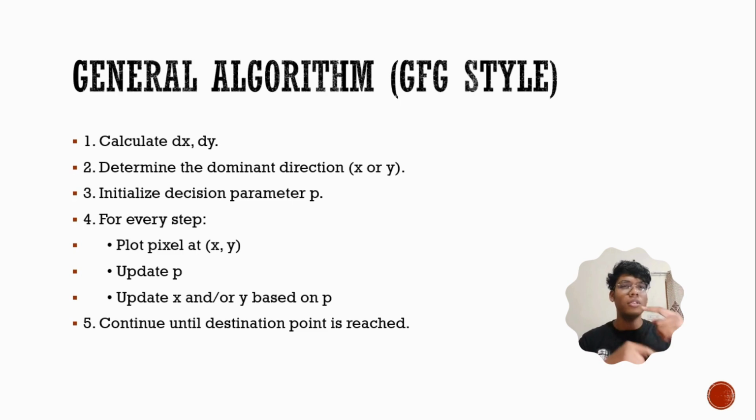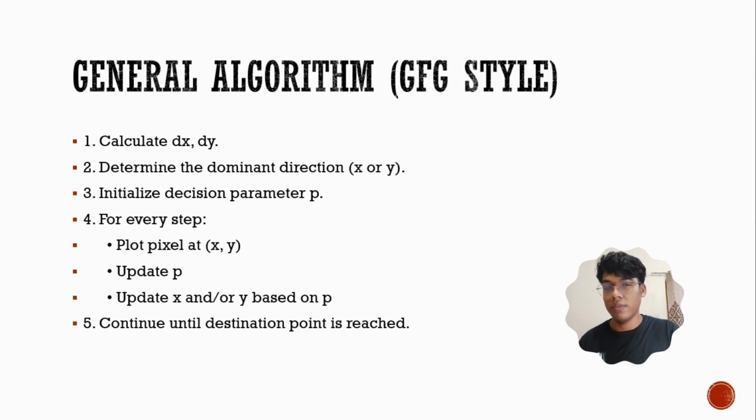This procedure keeps on repeating until the last coordinate given in the question. As I said, for my example, it's 7 comma 7. You stop when the last coordinate in the table comes as 7,7. That's the only thing you are asked to answer.